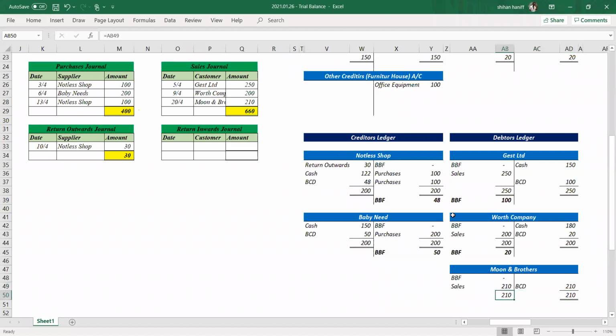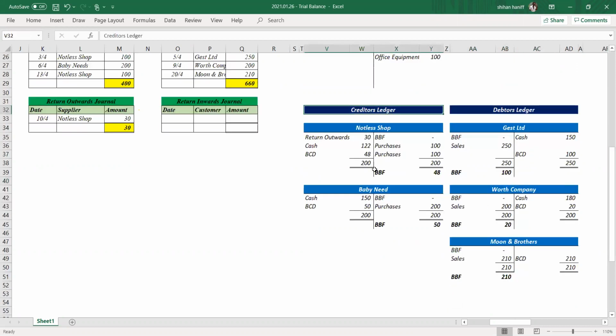So the balance is 210. So this is creditors ledger and this is debtors ledger.